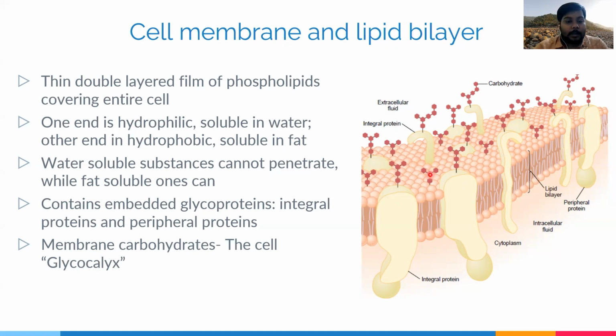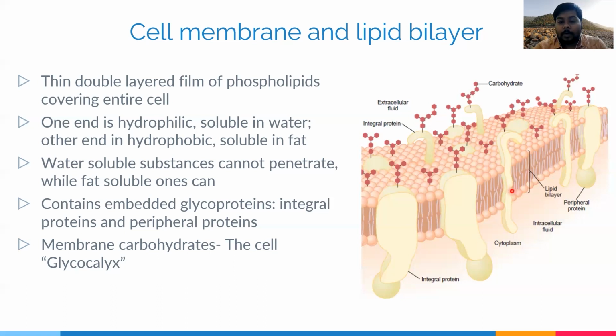So the whole structure is impenetrable to water molecules, as there is obviously a layer of fat in between, so water molecules cannot penetrate. Other water soluble substances also cannot penetrate the cell membrane and pass into the cell. But fat soluble ones can easily penetrate through the cell membrane and come into the cell itself.